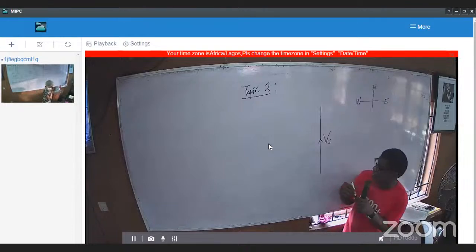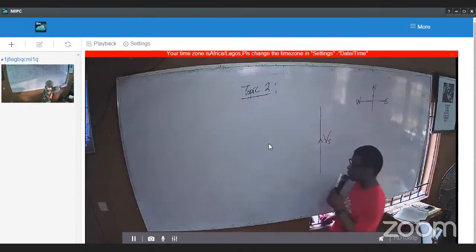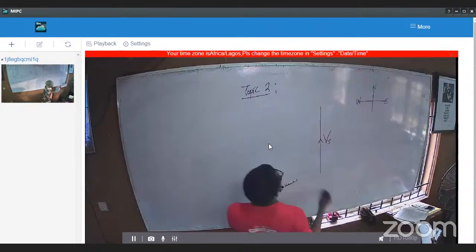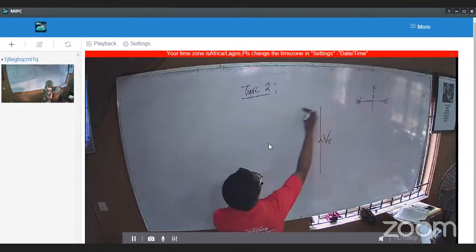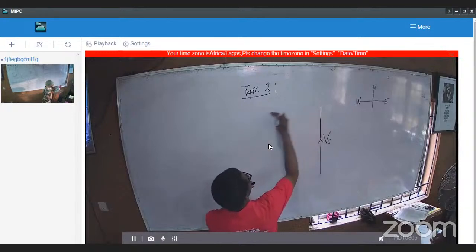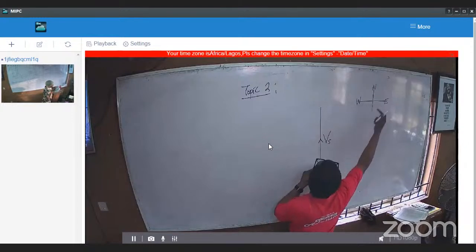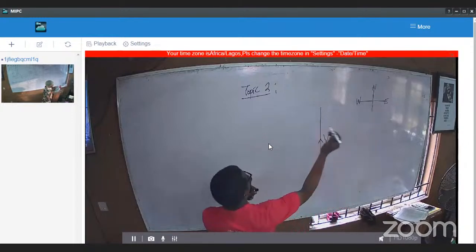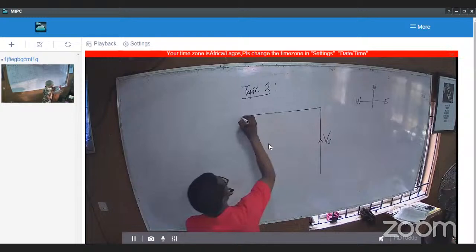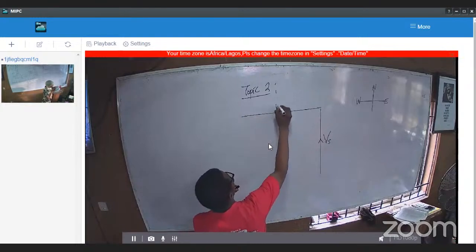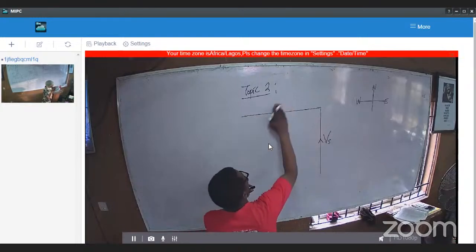Ship is blowing due west. So because it's blowing due west, that means I have to draw it this way. Abby, this is west, this east. So if it is a drawing due west, you can draw it like this. VW.